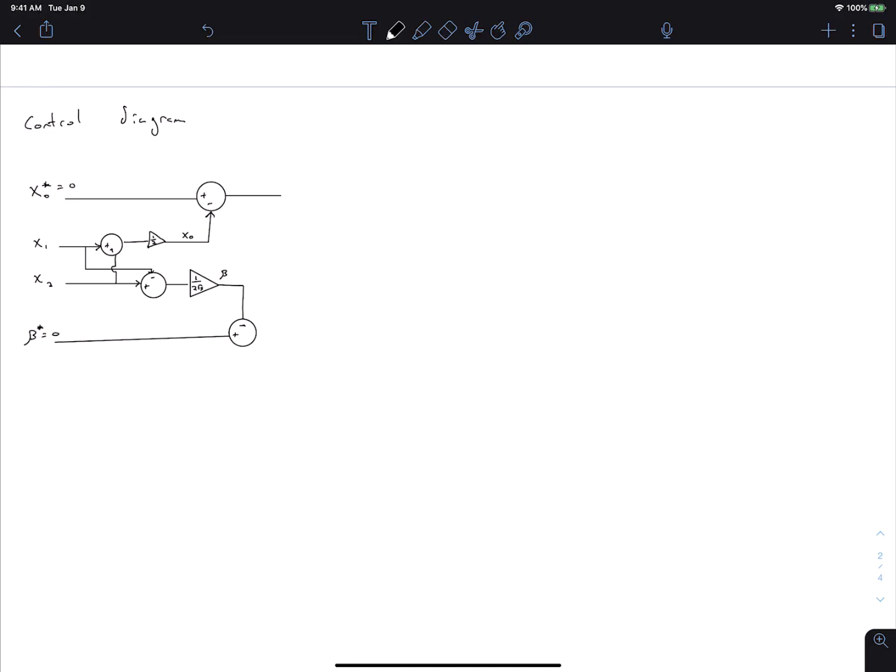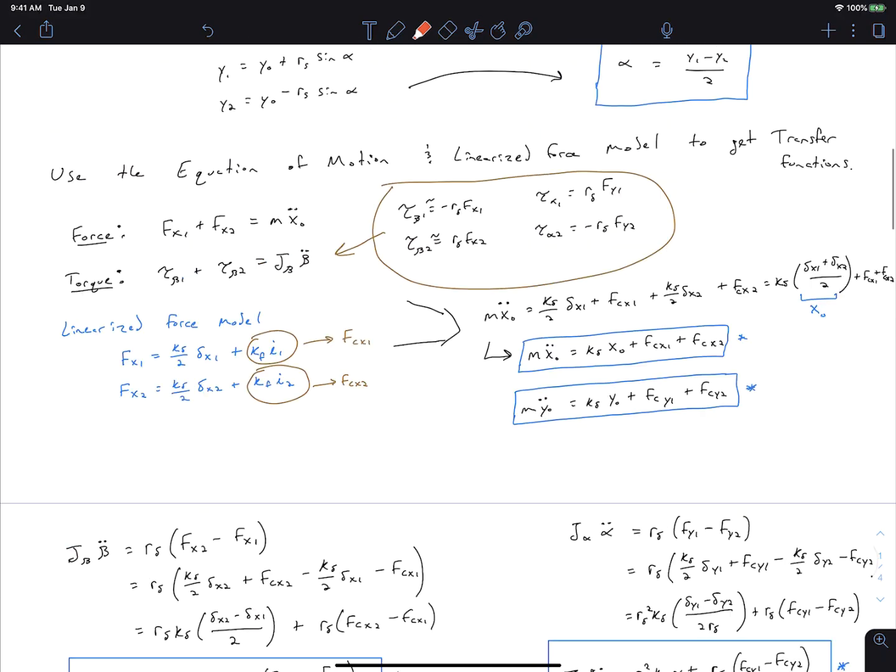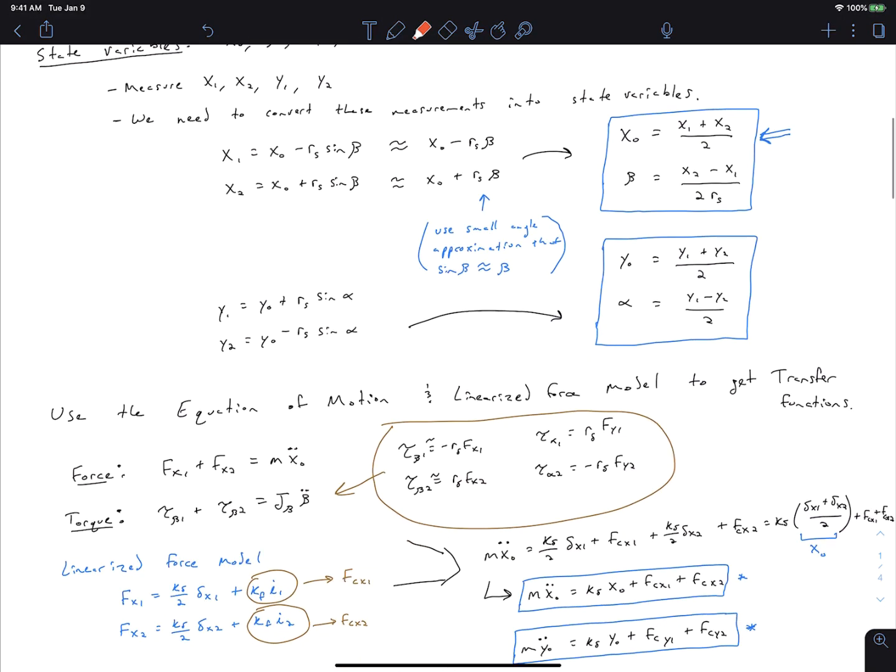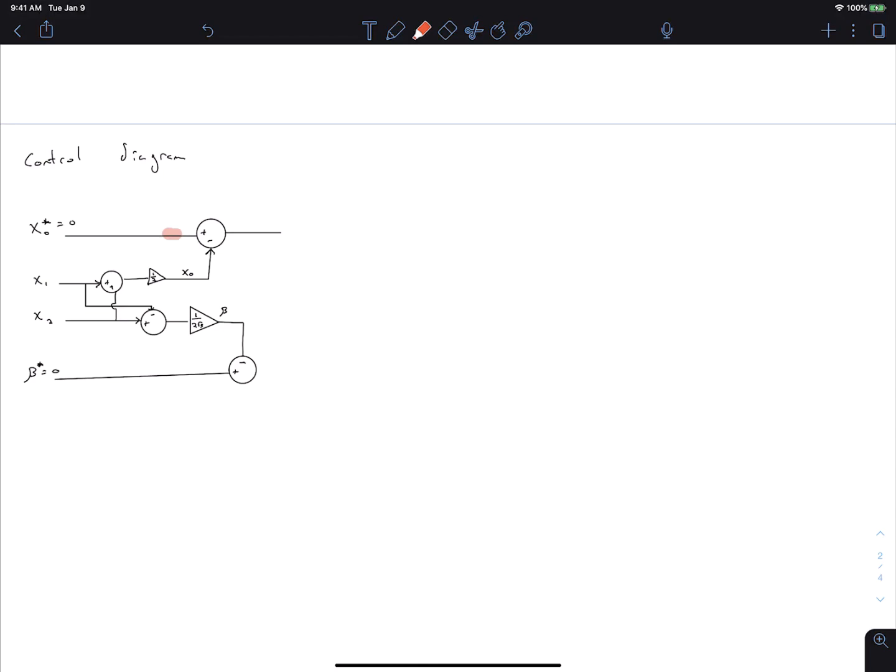And so right here, I've put on the screen how we go from x1, x2 to x0 and beta. And this is coming straight from the very beginning of the lecture up here. We're just implementing these expressions. And then at this point, we're comparing it to a reference for x0 and our reference for beta.